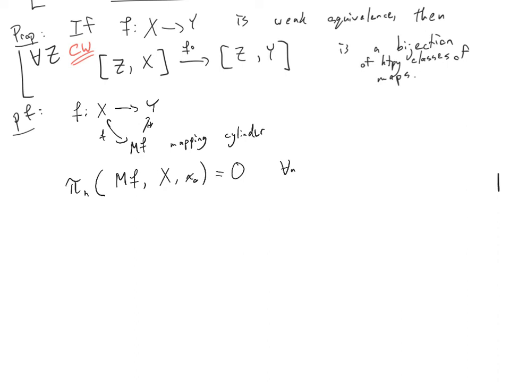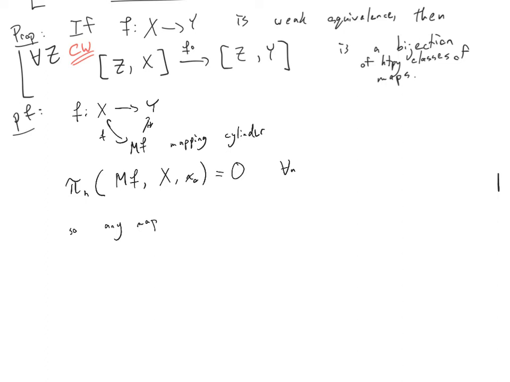And so now when we're mapping from any CW complex, we have any map from Z into Mf.